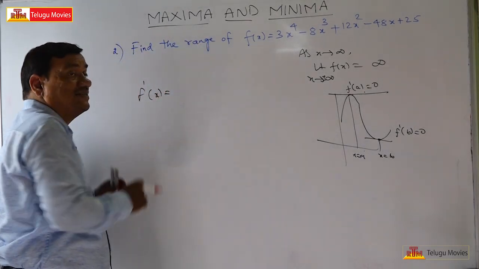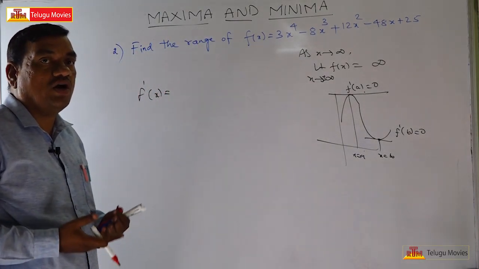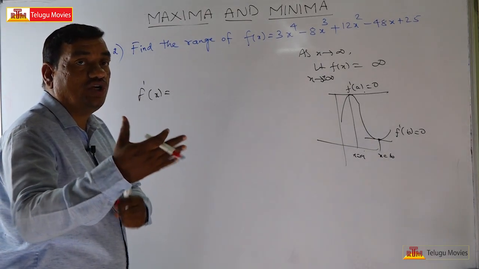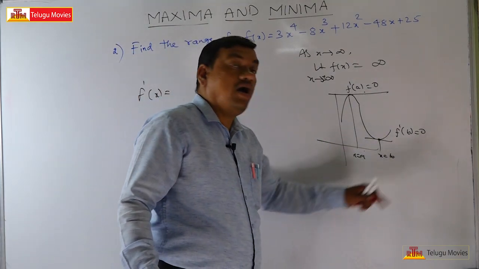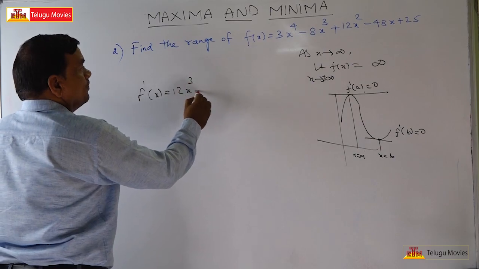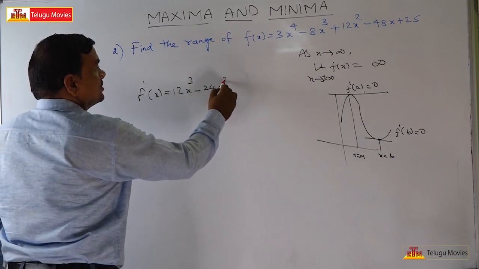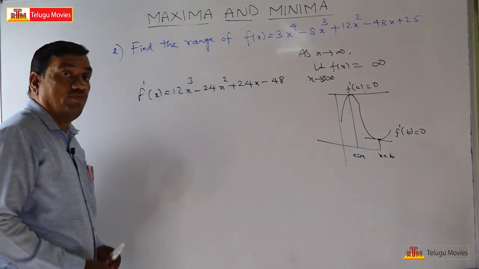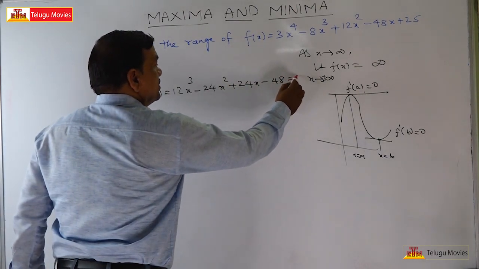We don't know where x is getting it, whether x is equal to 5 or 2 or 3. That's why first find f dash of x equal to 0, and find that x value, a or b. So f dash of x is 12x cube, 8 3s are 24x square, plus 24x minus 48. For maxima and minima, this value is equal to 0.